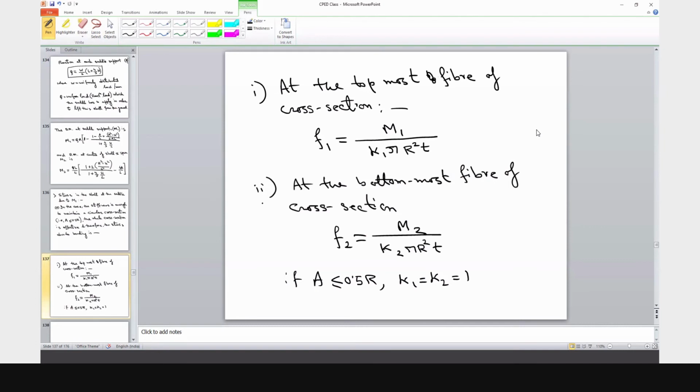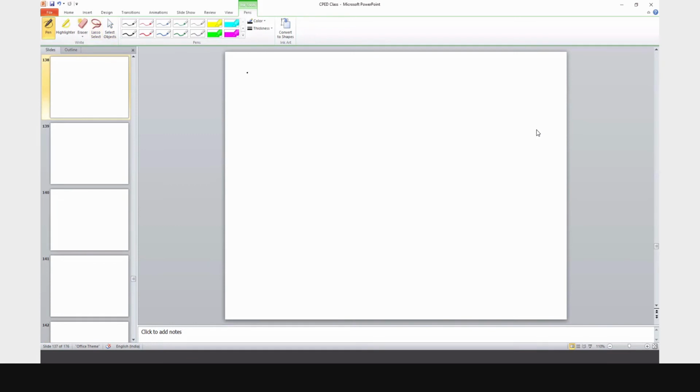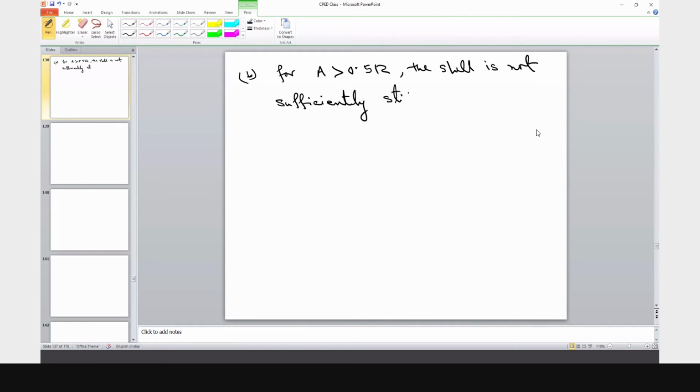And for A greater than 0.5 R, the shell is not sufficiently stiffened by the head.